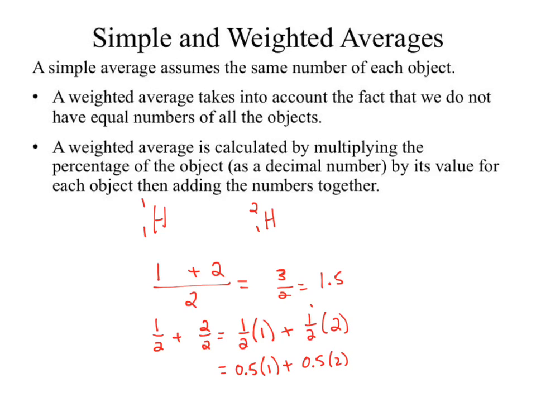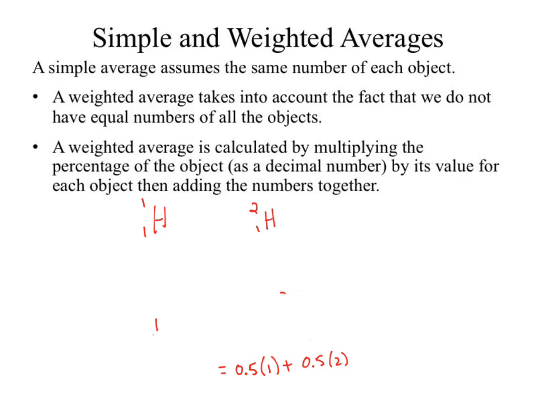So let's rewrite that. What we are doing is taking our percent of A times our mass, in this case our mass of A, plus our percent of B times the mass of B. This equals our now weighted average.